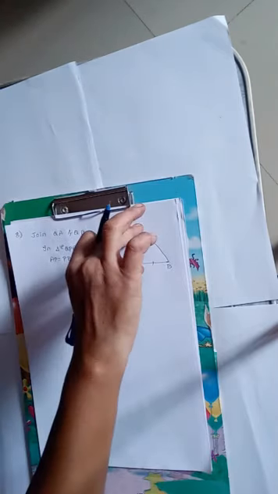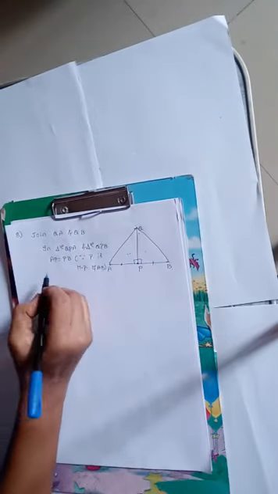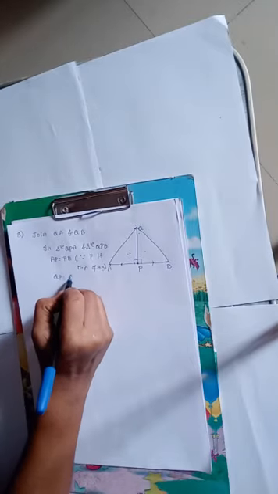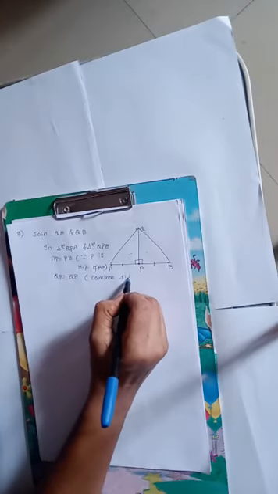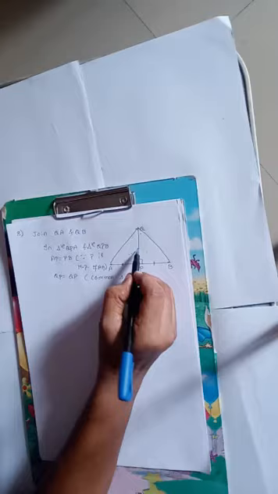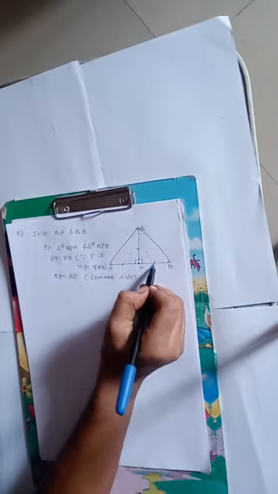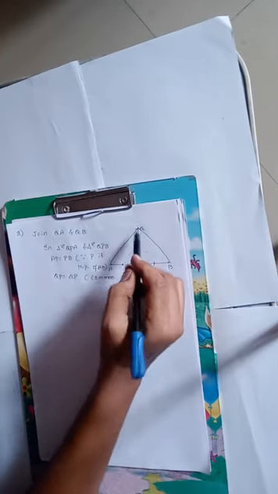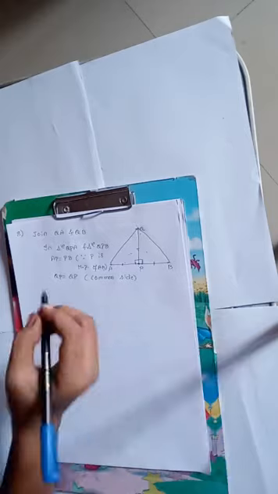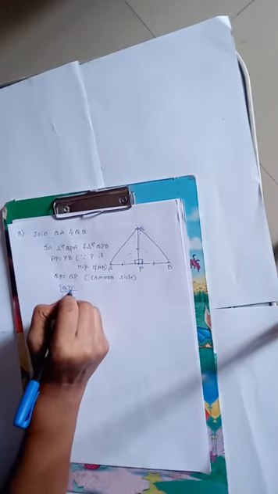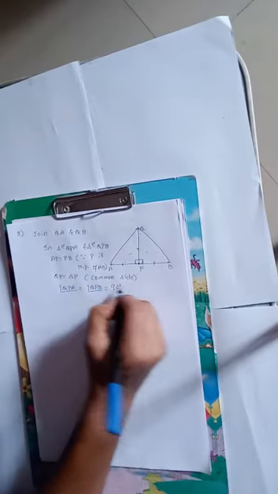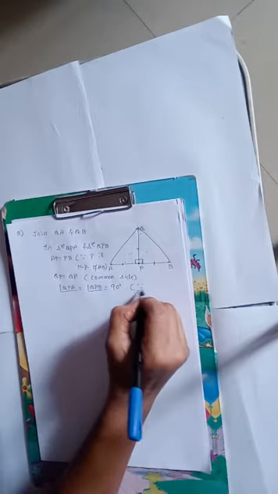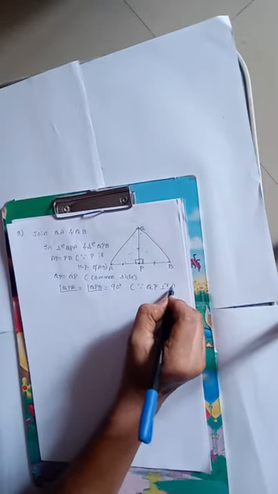Therefore, QP is equal to QP, the common side for both triangles. And the included angle is also equal to 90 degrees, because it is given that QP is perpendicular to AB, that is, angle QPA is equal to angle QPB, which is equal to 90 degrees.